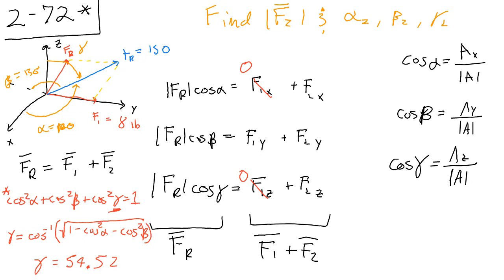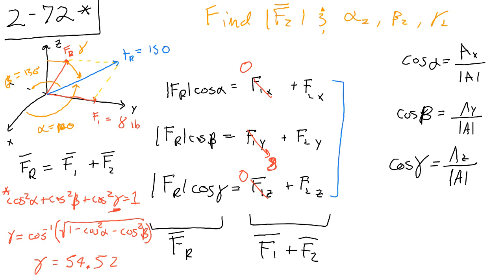This here is 0. This here is 0. This here is 8. We're running out of room, but I got a little bit more room to write the answer. So now, using this, we can solve for all those components.